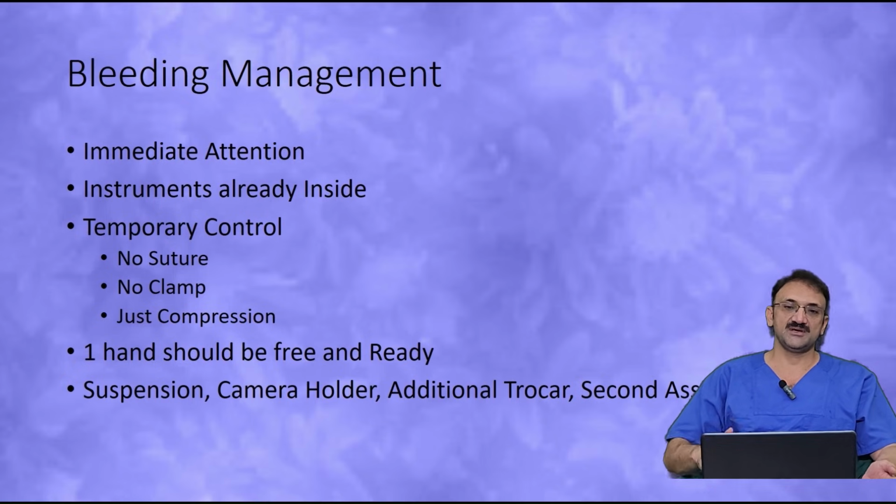It will always be helpful, because at times your trocar is at such an angle that you cannot clip the vessel, or you cannot use a staple device. So then you have to have another port. The second additional port may also be required for an additional assistant, so that he can hold and retract the tissue for you, or it can also be used for a suction device. So always temporize and temporarily control the bleeding first, and then think about the definitive management.